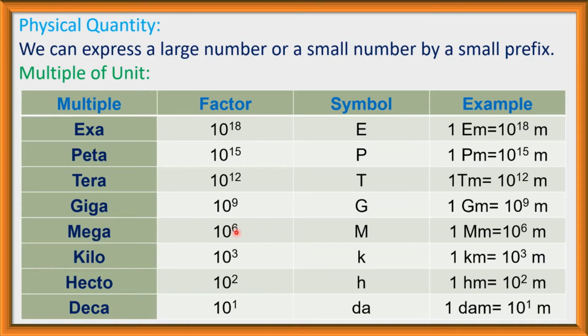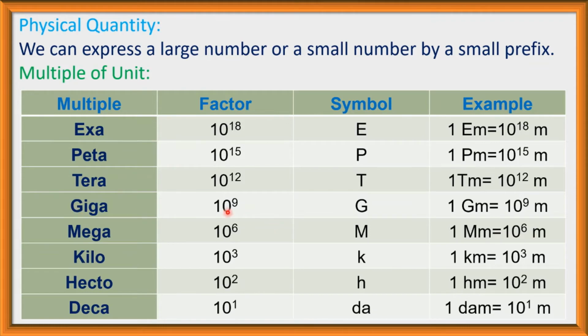For the factor 10 to the power 6, its symbol is capital M, and 1 megameter is equal to 10 to the power 6 meter. Here from deca to kilo the symbols are small letters. Deca is small, h is small, k is small. Up to kilo is a small symbol. Mega, M. 1 megameter is equal to 10 to the power 6 meter.